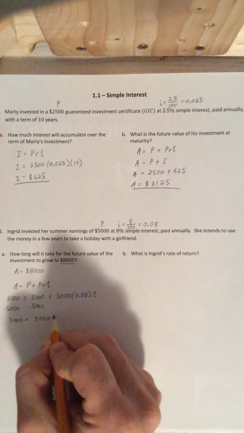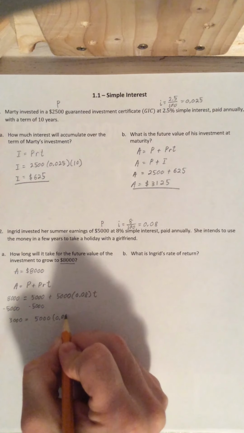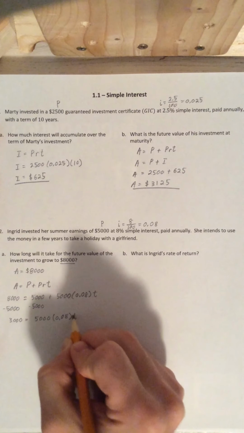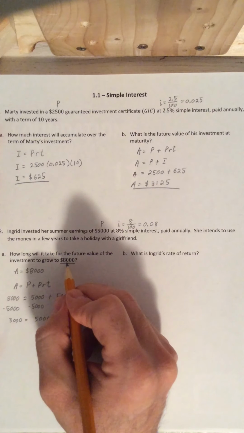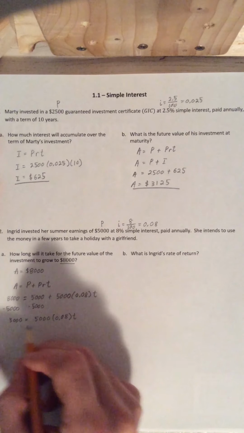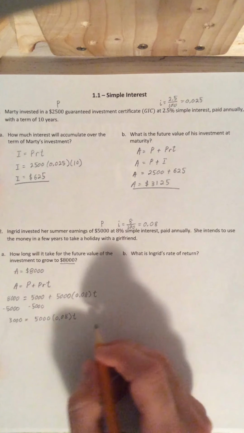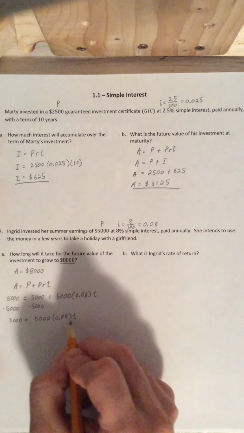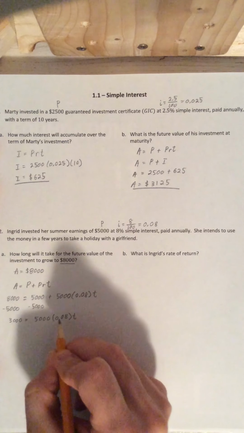And it should make sense: if she has $5,000 at the start and she needs to have $8,000 at the end, well, she has to make up $3,000 somewhere. So this is the interest. Her earning $3,000 interest will help us figure out the actual time it will take.